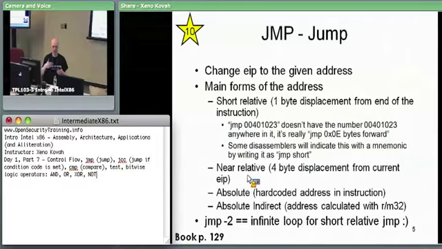You're still doing it relative, and they're calling it near rather than short because it's 4 bytes rather than 1 byte. But it's, again, just the same thing. You take the address of the next instruction plus this relative offset, and that's where you go next. And then finally, there's absolute, which is, like I said before for call, just a hard-coded value that says I want to go to this hard-coded address.